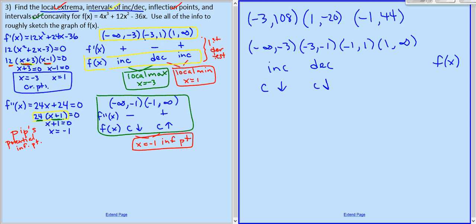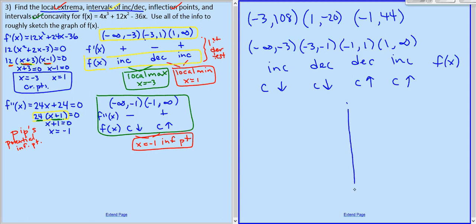I'm just looking back at the previous work and putting it in a new chart. What is f doing from -1 to 1? It is decreasing and it is concave up. What is f doing from 1 to infinity? It is increasing and it is concave up. So we need to make all of that happen.